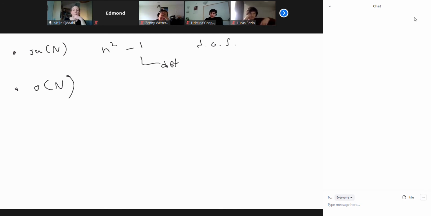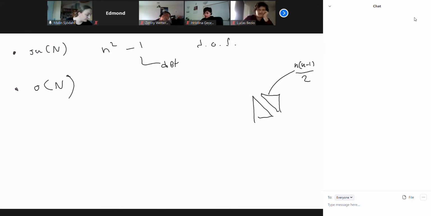But we can reuse the counting that we did before with respect to upper elements in a matrix. So we had before that we had n times n minus 1 over 2 elements up there that we will use. And we have here the constraints.